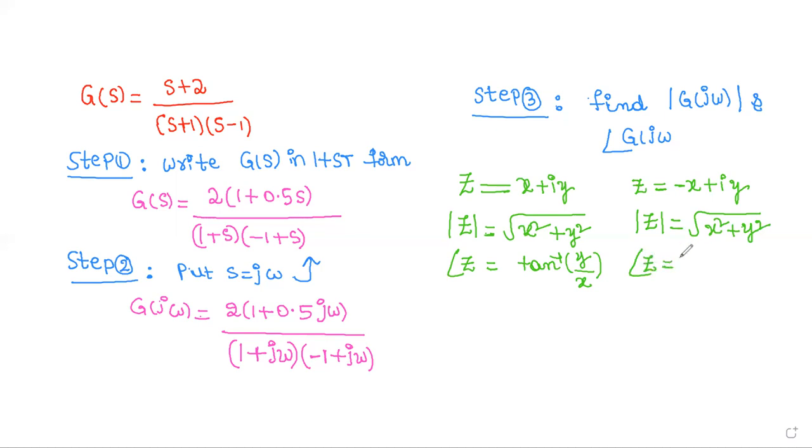Observe carefully what I told earlier: this complex number lies in the second quadrant, so the angle is 180 degrees minus tan inverse of imaginary part y by real part x. Like this, we find the angle.